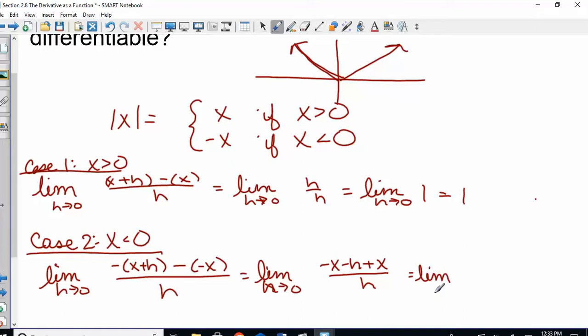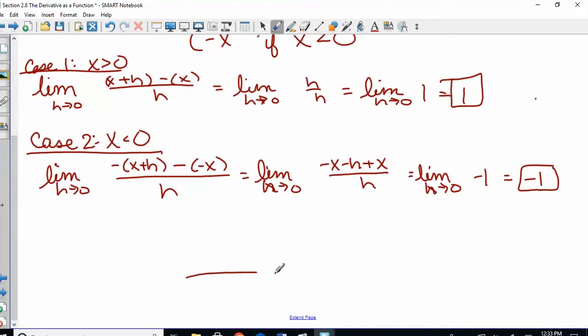So what happens? I'm left with negative h divided by h, which is negative 1. So this is equal to negative 1. So what I just found here is that if x is positive, my derivative was always 1. When x was negative, my derivative is always negative 1.